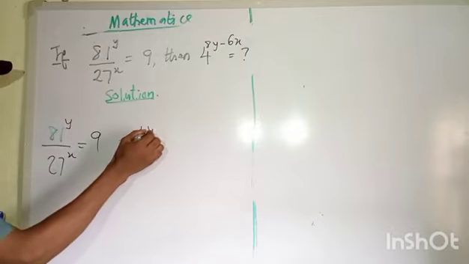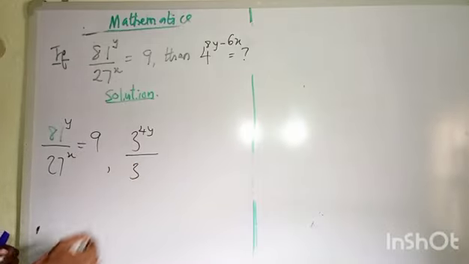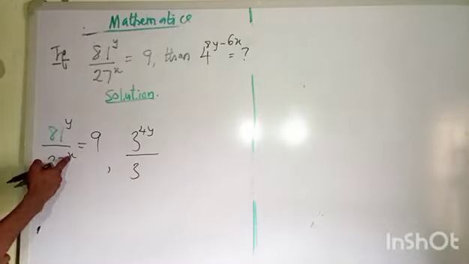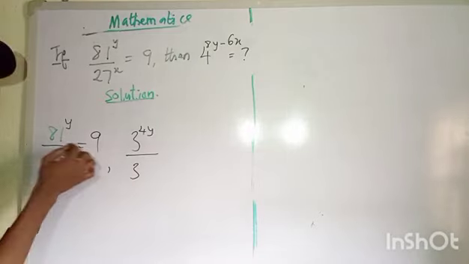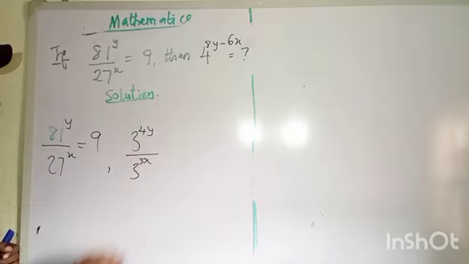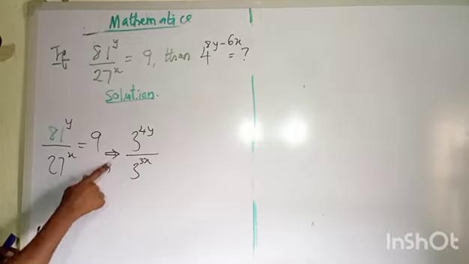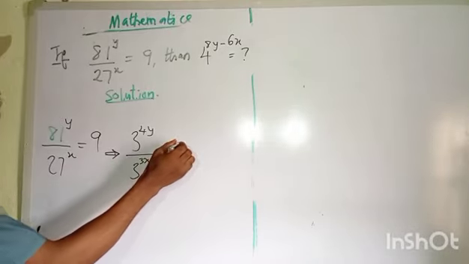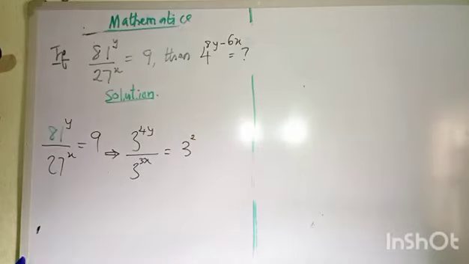You're going to be having 4y all over 27, which can be written as 3 raised to the power 3, and then there's an already existing x as a power here. So that's going to be 3 raised to the power 3 times x, which is 3x. This implies that, and equals 9, which is 3 raised to the power 2.